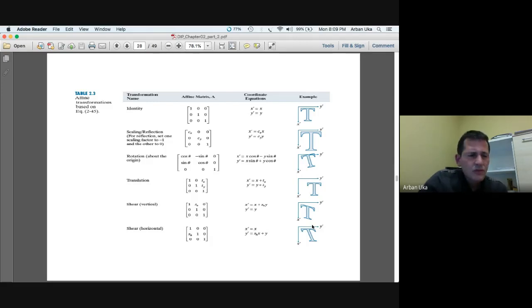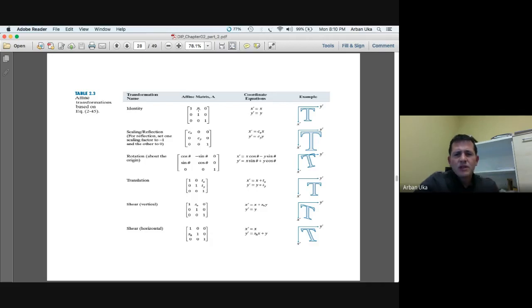Now we also have some linear transformations which can be applied onto the images. These transformations can be the identity transformation where nothing is changing. We can have a scaling or reflection of the image, so we can have here the scaling factors Cx, Cy, and the value for Z can be the same.